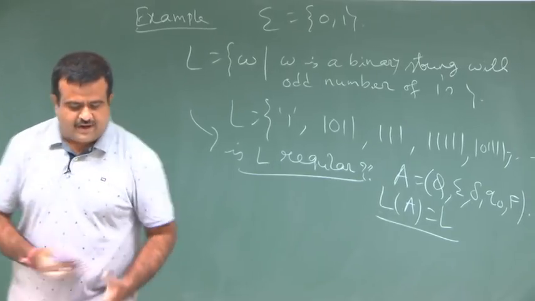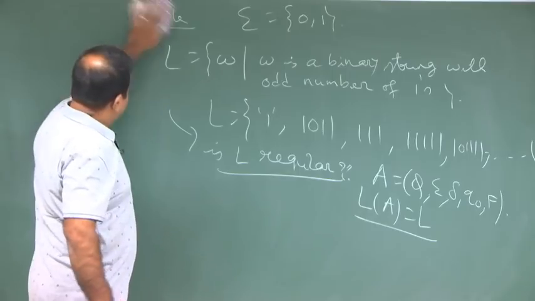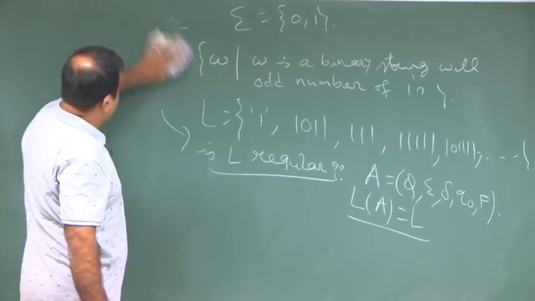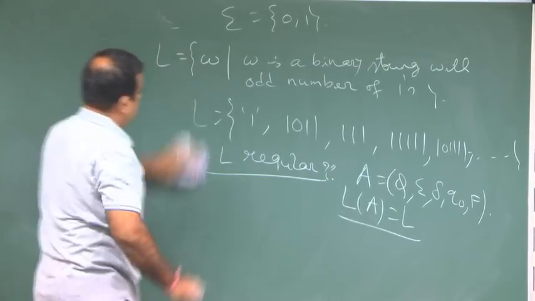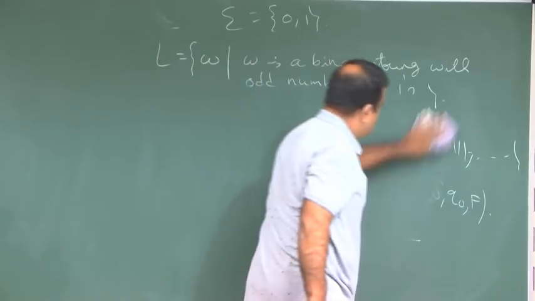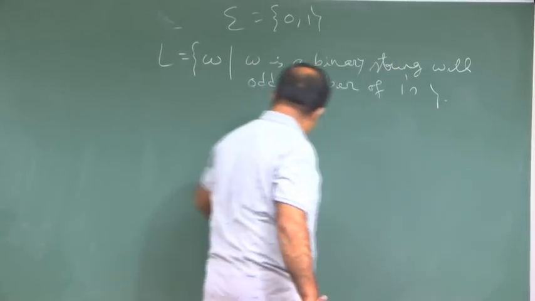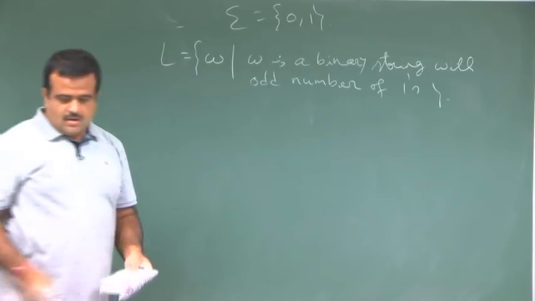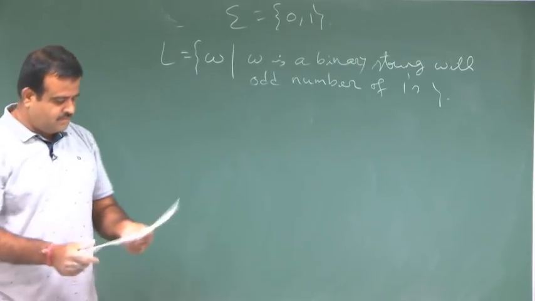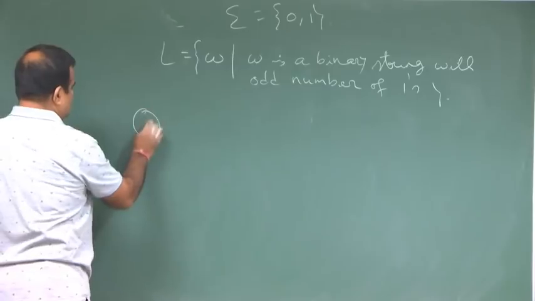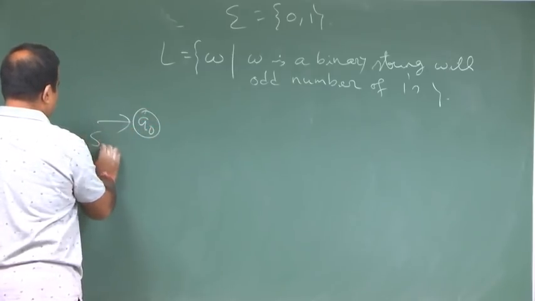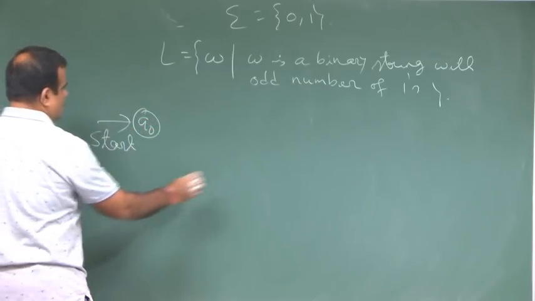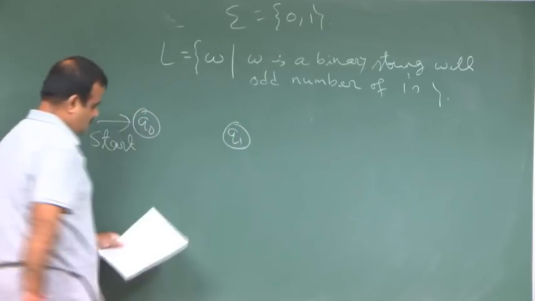So, let us try to find a DFA. Let us start with Q0, this is the starting state, and we have a Q1.